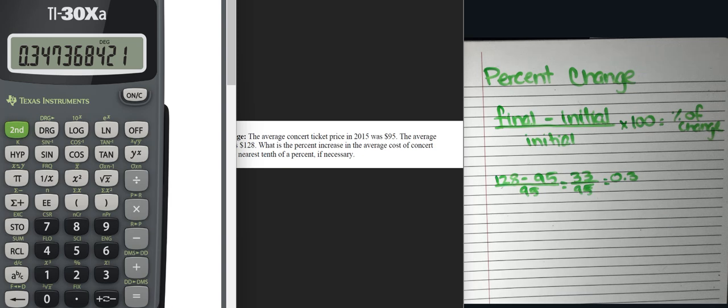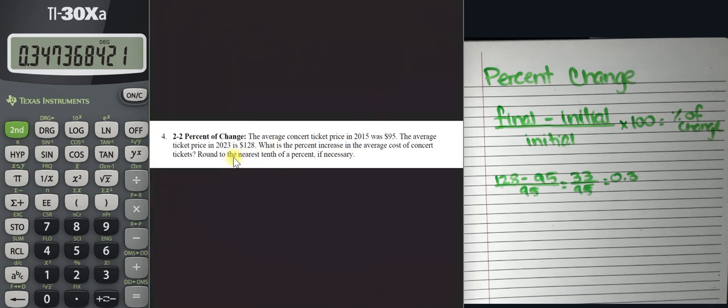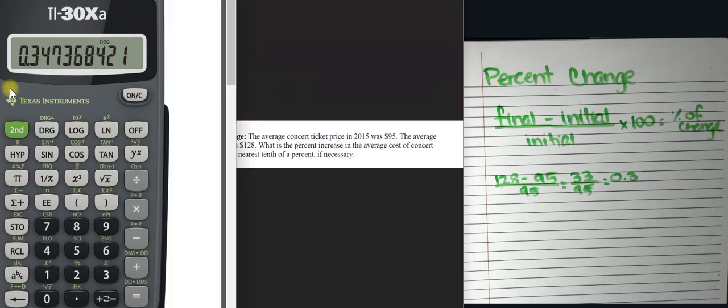But go back to the question. I want to make sure that you understand something. They say round to the nearest tenth of a percent. Well, first thing, we know that because we are going to convert it into percent, we need to move it two places. And because they want us to round it to the nearest tenth, that is going to be one additional place value that we're going to move.